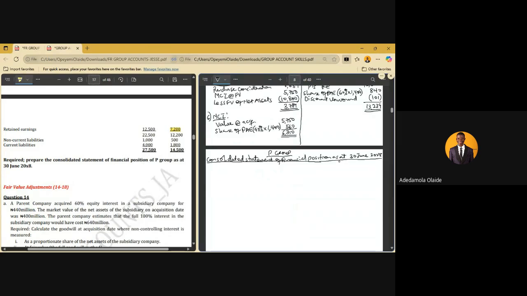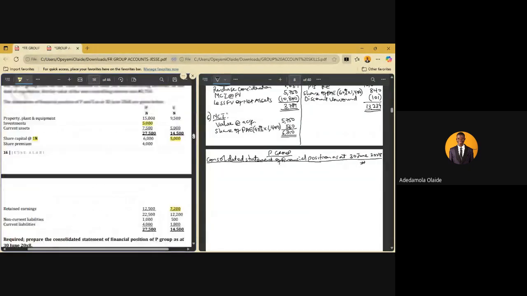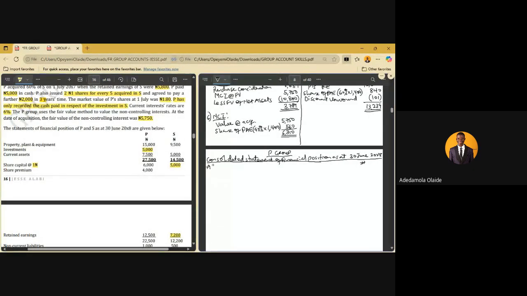So we'll have what? Assets. We have PPE, property, plant and equipment, which is how much? 15,000 plus 9,500. How much would that give us? There was no adjustment to PPE. 24,500.